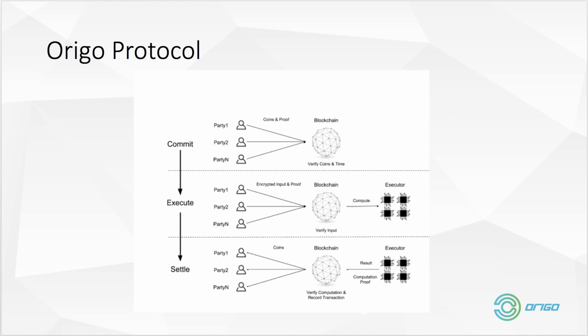Okay, let me give you an overview to remember what Origo's protocol is. The first step is to commit the commitment to the blockchain, and then commit the encrypted data and your proof to the blockchain.